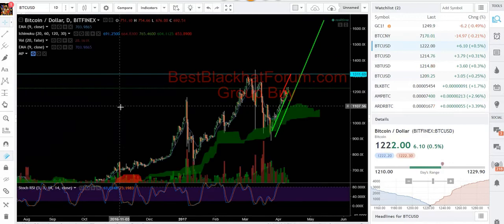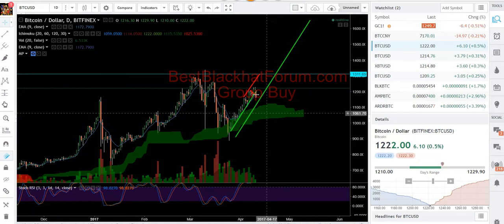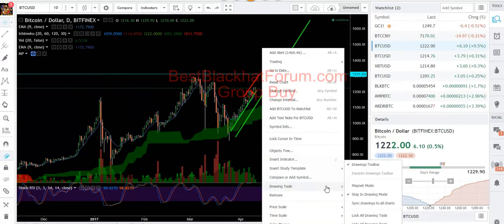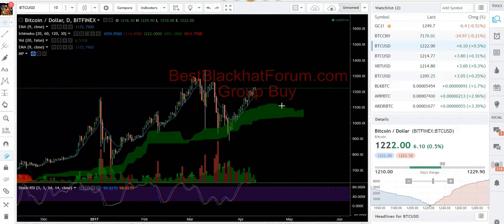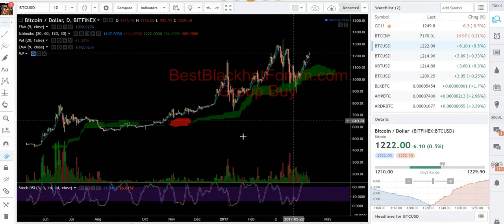Now, in its simplest form, just with a glance, the Ichimoku Cloud will tell us the trend. It'll tell us where the price is.